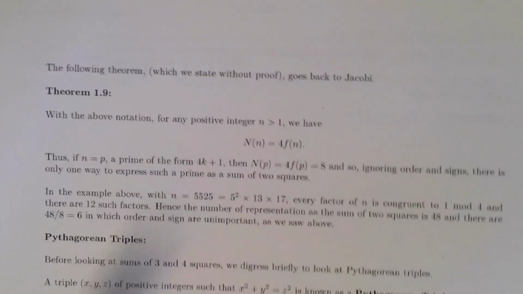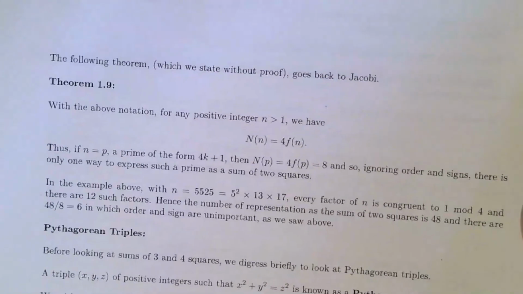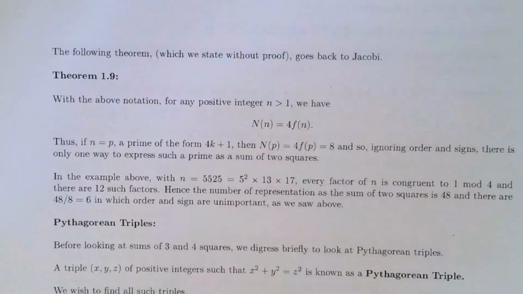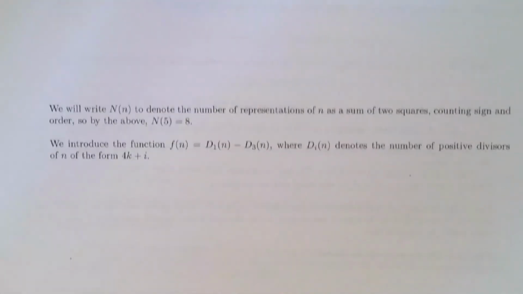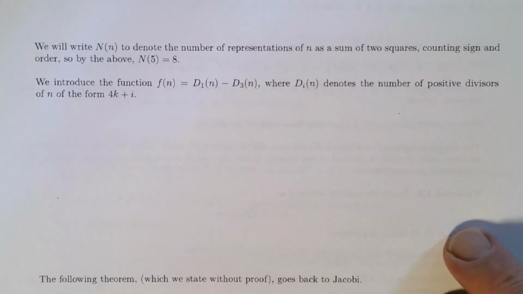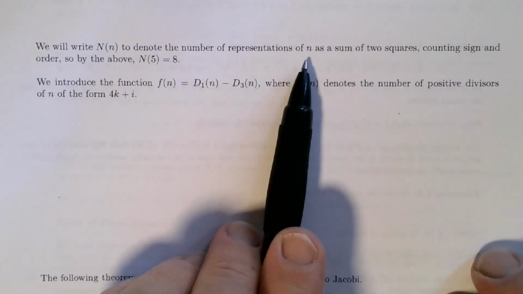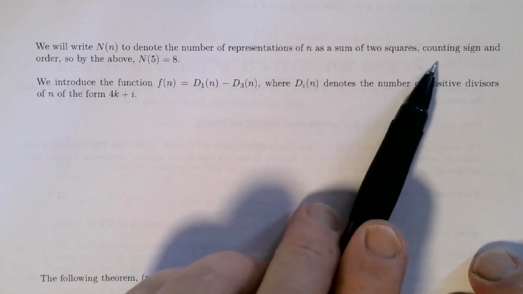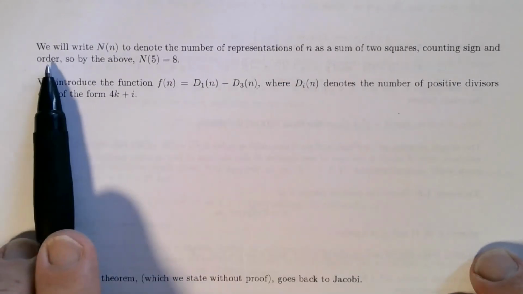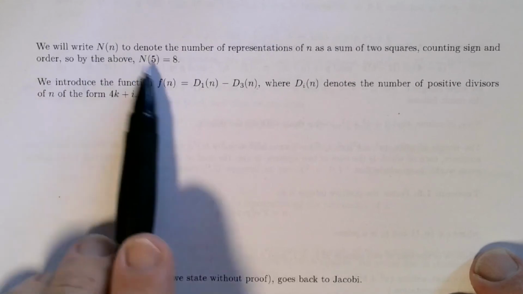So, I'm just going to state again without proof. You can find the details of these things in various books. So I'm going to state the following theorem. I'm going to write n of n to be the number of representations of n as the sum of two squares, counting sign and order. So for example, n of 5 is 8.